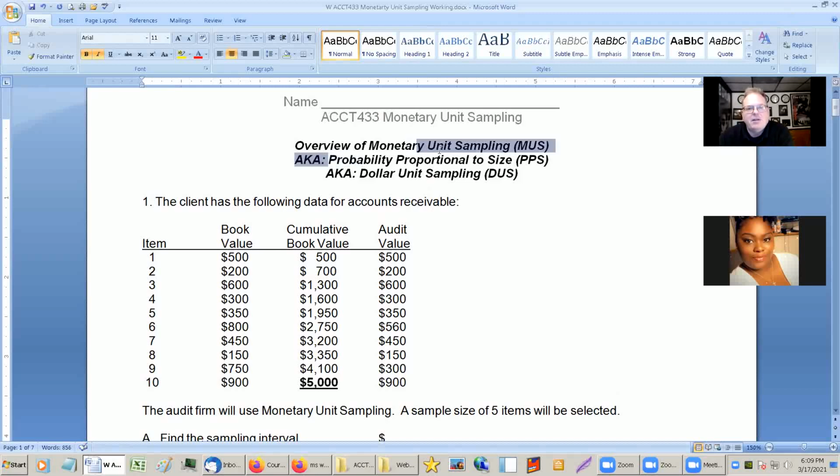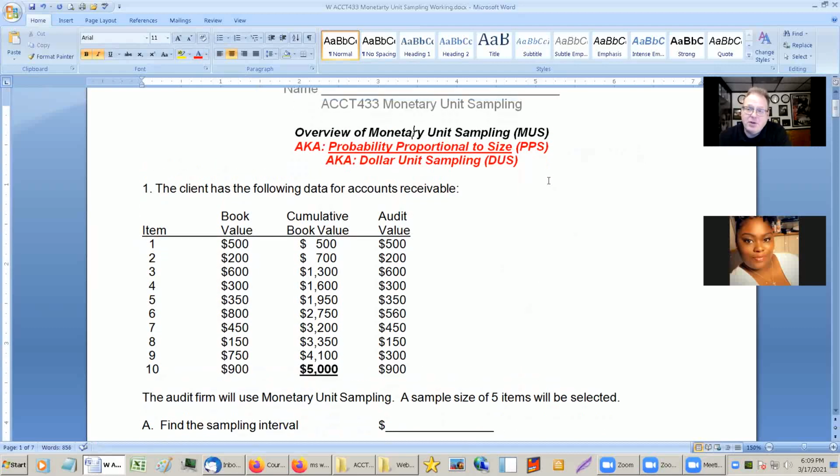Actually, I think I've seen it more called this than anything else. But again, these are all the same thing. And it's unique in that it's specific for auditors. It's not for seeing how far someone can hit a baseball or something.